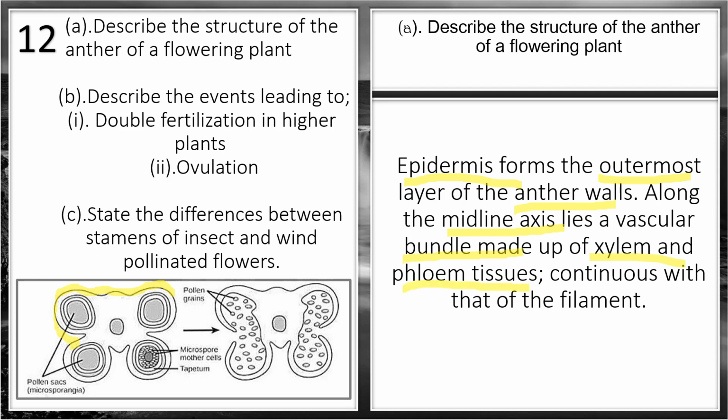So in the middle, we have the xylem and the phloem. Those are the vascular bundles in the middle, and the vascular bundle is continuous with the filament.